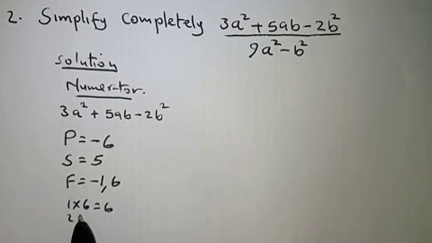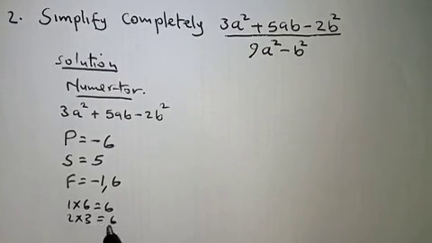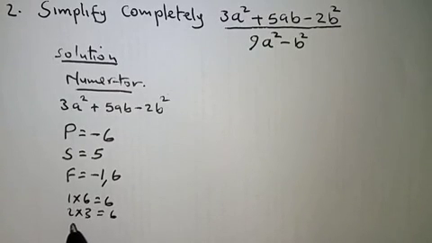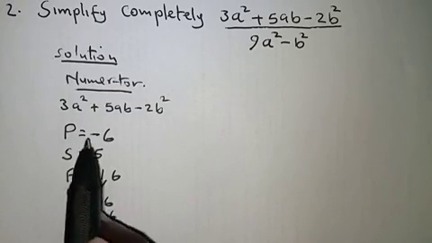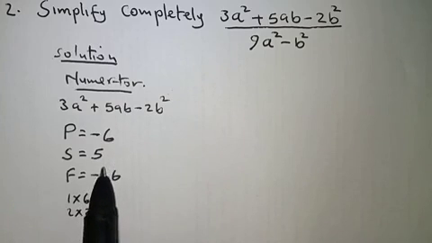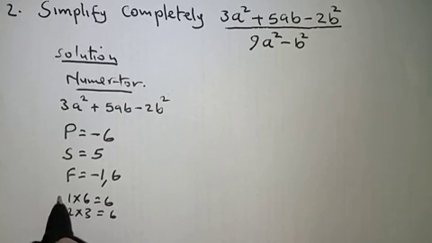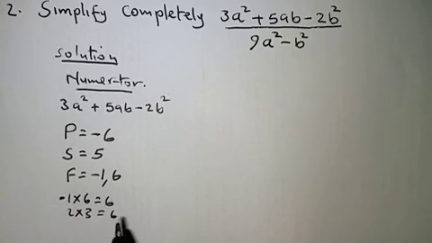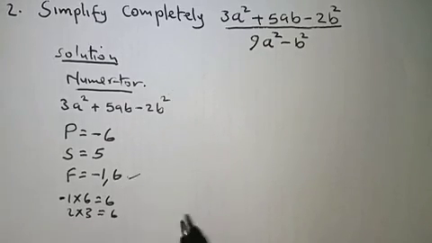We also have 2 and 3. 4, no. 5 is not a factor. 6 repeats, so we stop. So the factors are 1, 6, 2, and 3. What we're looking for are factors that satisfy the conditions. We realize these are 1 and 6, and we can achieve the conditions if we make 1 negative. That's how I've arrived at the factors.